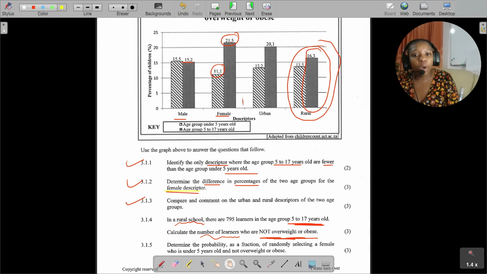First, because with the bar graph, the percentage is telling us about the learners that are obese, we find out how many of these learners are obese, then we subtract it from the total learners to determine the learners that are not obese.